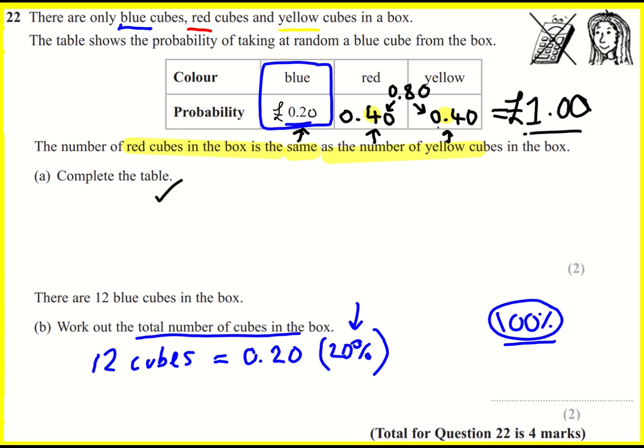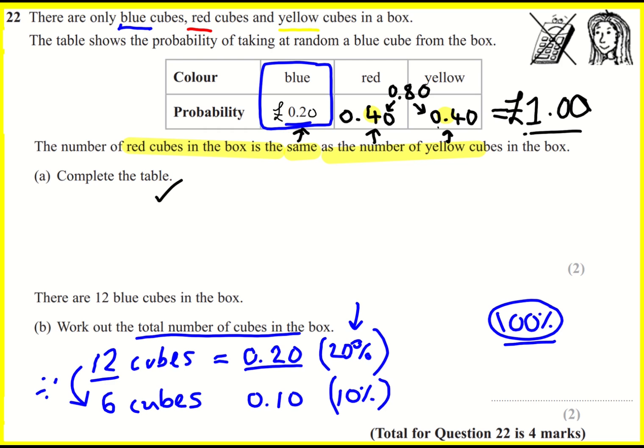Well, if this is 20% probability and there's 12 cubes, then it must mean that 10%, 0.1, refers to 6 cubes, because all I've done there is divide by 2 to get down to my 10% value.